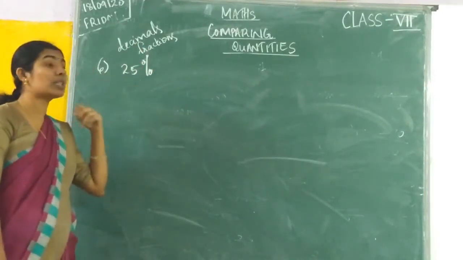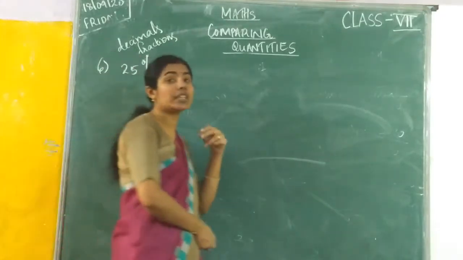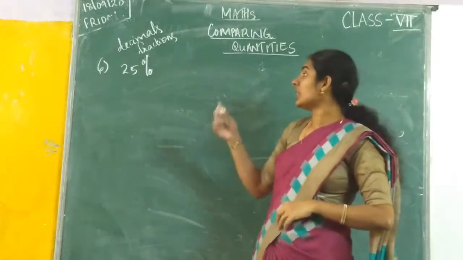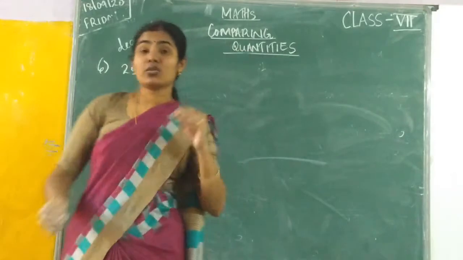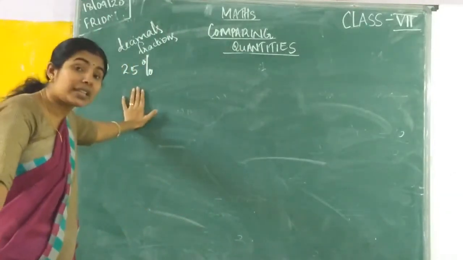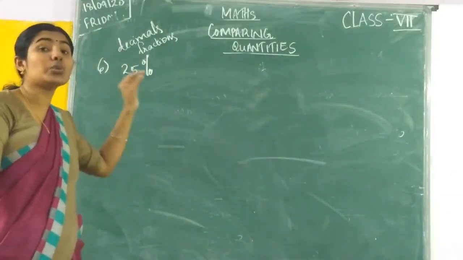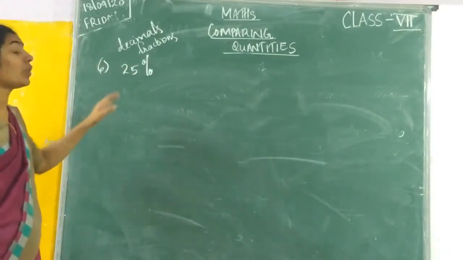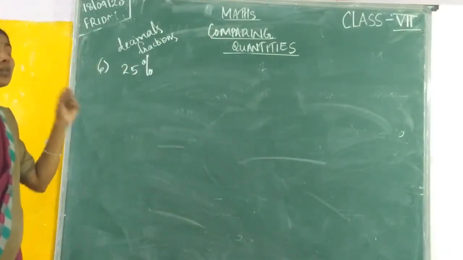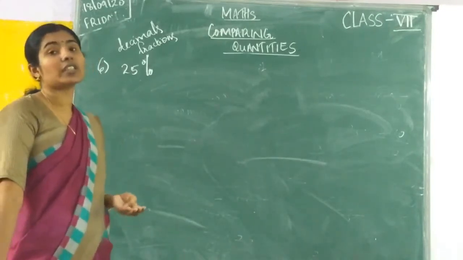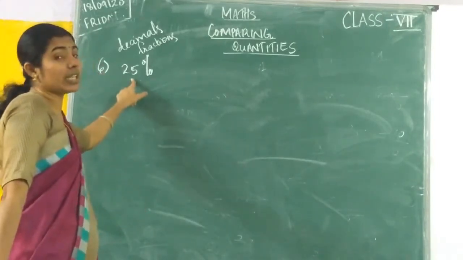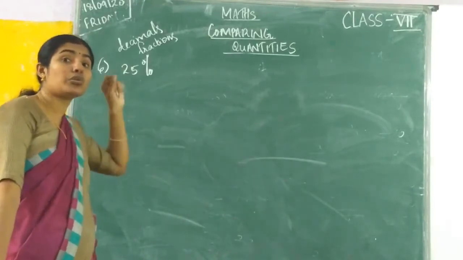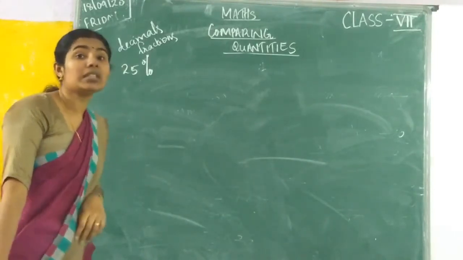So the given percentage you should convert into decimal numbers. Then the next question is that this percentage you should convert into fractions in simplest form. So what do you want to do? First of all, convert the given percentage into decimal. The same percentage you should convert into fractions in simplest form.